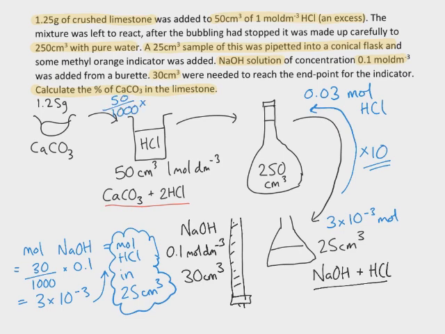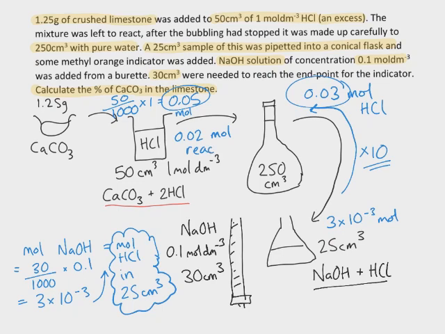We can also work out, like we did before, how many moles of HCl we had in the original beaker. And that is 0.05 moles. It's an easy calculation. And because we have such nice round numbers, it's now quite easy to see how many moles of HCl reacted when the calcium carbonate was added.